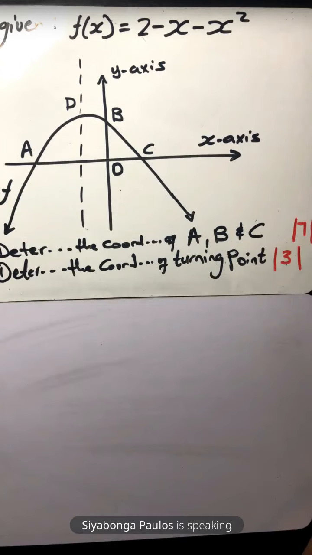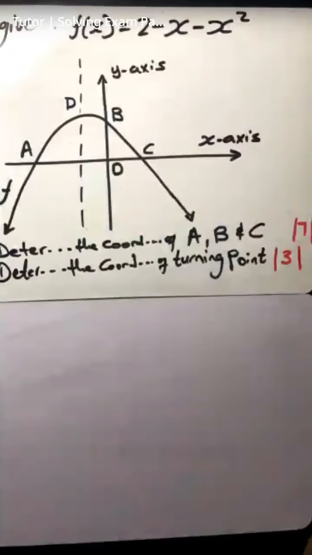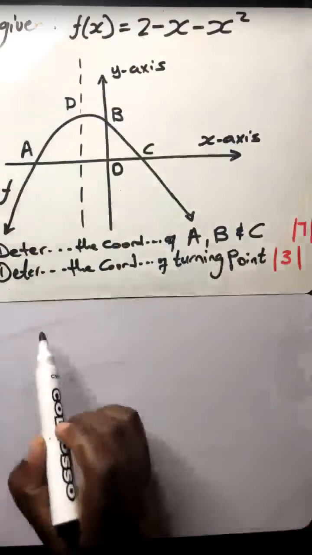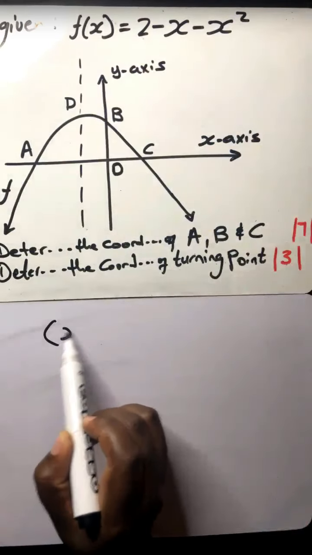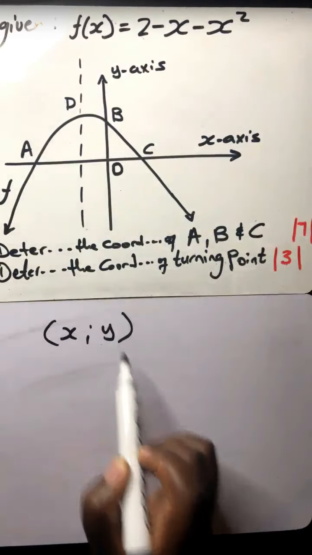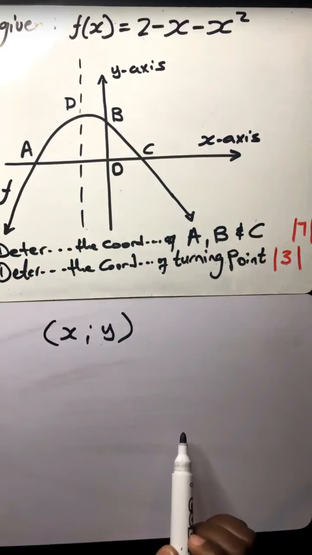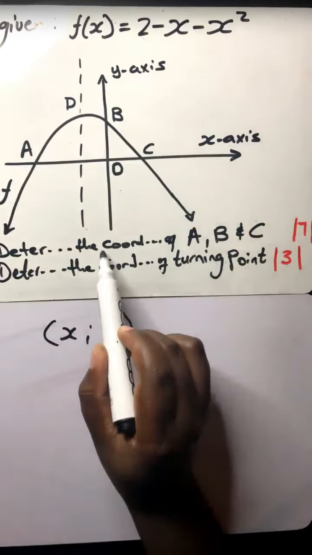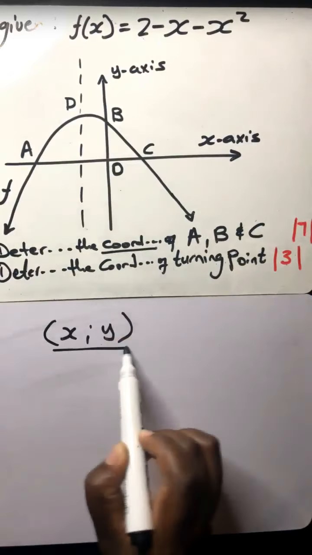Interpretation. Understand, sir. So, for that one person who needs an interpretation, when they say determine the coordinates, just know always that they want you to give x and y. This is the first part that you need to understand. When they say the coordinates, that word coordinates means x and y.